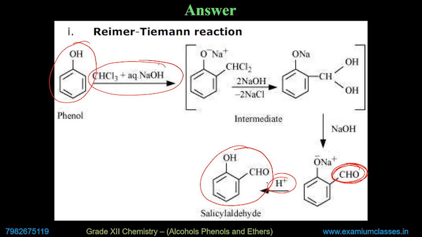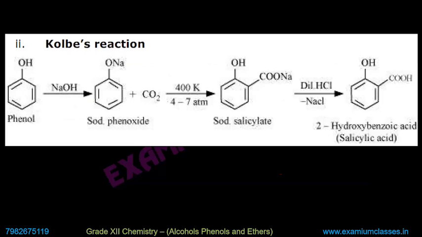Kolbe's reaction, first step, you get phenoxide ion, sodium phenoxide. And in second step, carbon dioxide introduces the carbon along with acidic environment. This is the reaction. First step is only NaOH, you get sodium phenoxide. And it is the second step. So this second step is actually combined.